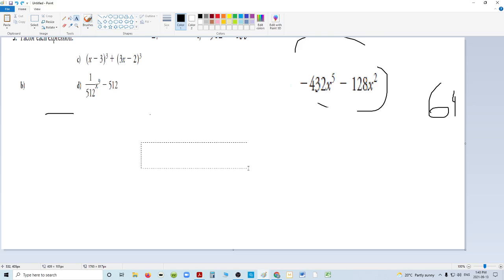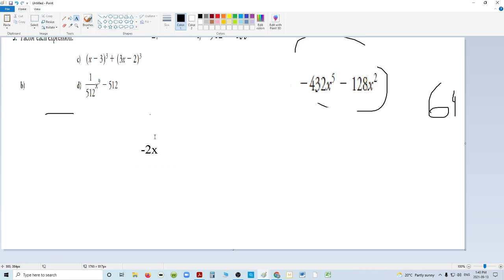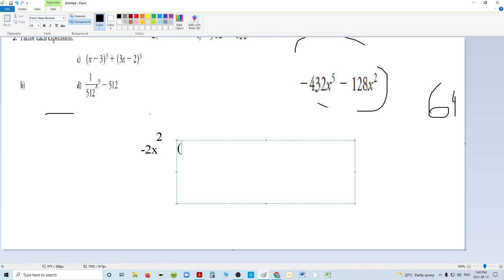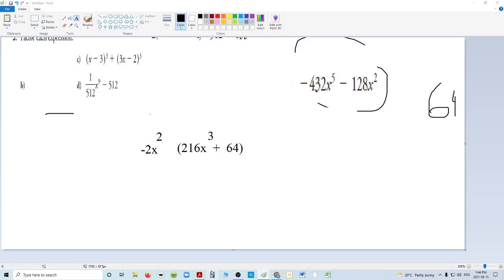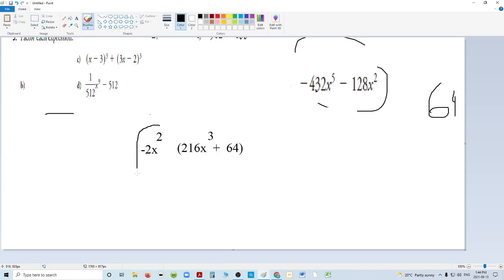So if I factor out a negative 2x squared, the first term becomes positive 216 x cubed, and the second term becomes positive 64. Right? I also know that 216 has a cube root of 6.